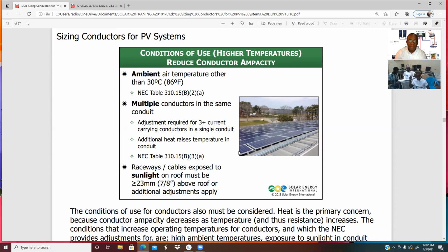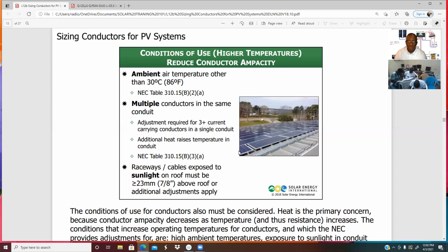Okay. The ambient air temperature other than 30 degrees Celsius or 86 degrees Fahrenheit. The NEC table 310.15(B)(2)(a). Multiple conductors in the same conduit: adjustment is required for 3 or more current-carrying conductors in a single conduit. Additional heat raises the temperature in the conduit.